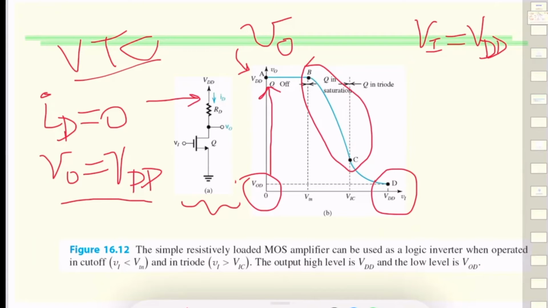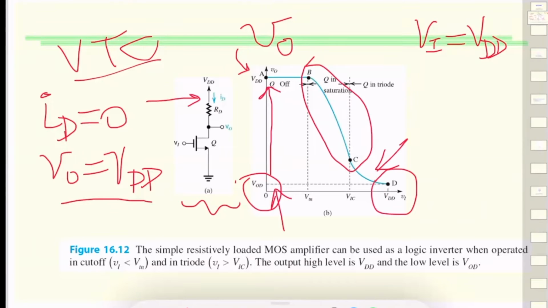We want to operate it at the highest input voltage and the lowest input voltage possible. So the digital circuit has this non-linearity that we want to use, where it cuts off or it is completely close to saturation, but not at saturation. So this region and this region is where we want to operate our transistor.